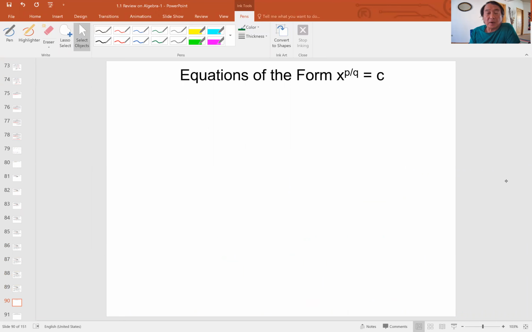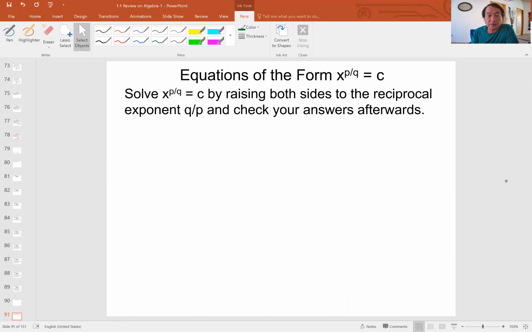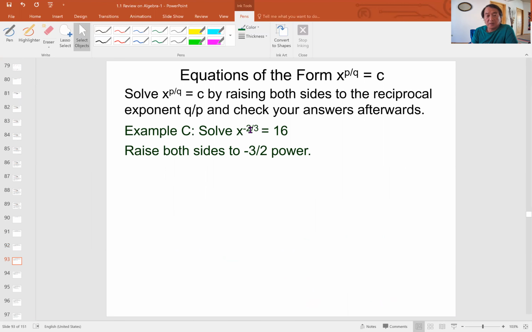One other type of equation is power equations. And how do we solve power equations? We raise both sides to the reciprocal power. The power here is minus 2/3, so I raise both sides to minus 3/2. Why?